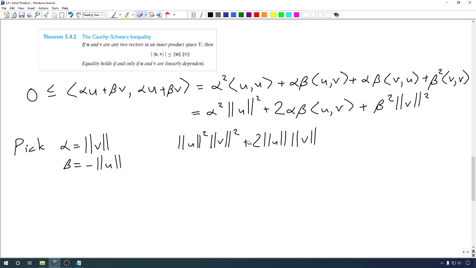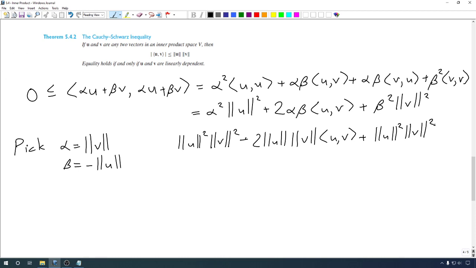Because when we put in the beta, we had to put in a minus sign. And then we're going to have this inner product. And then here, the beta squared, that's going to get rid of the minus, so we actually have a plus. And we have a norm of u squared, norm of v squared.